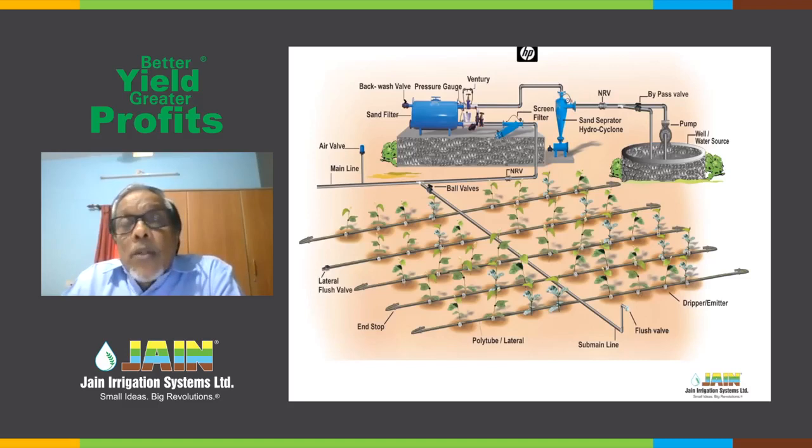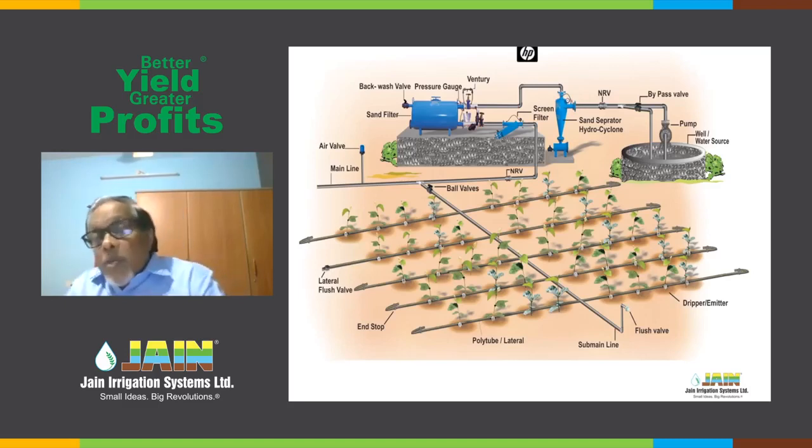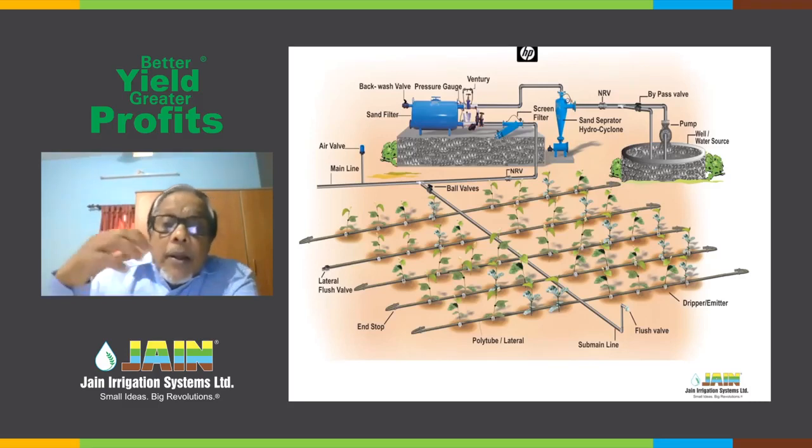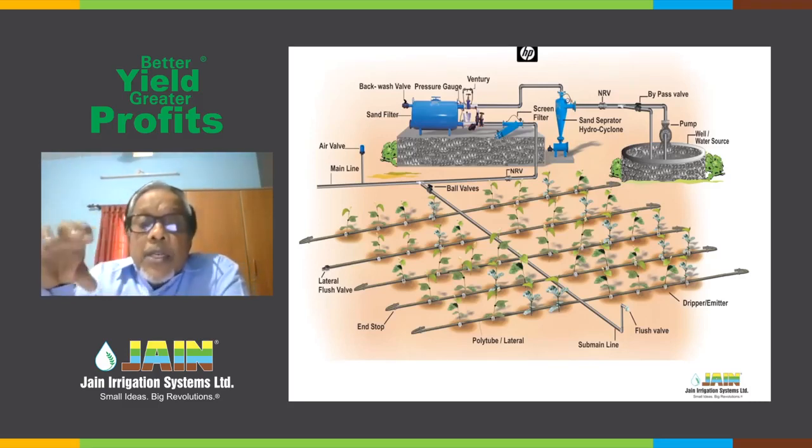So the first point touches the farmer's pocket. The second point touches whether the crop geometry and the irrigation water distribution in the soil actually match. And the third point touches the environmental load, the plastic load onto the soil. I try to put these just to give you a perspective of what is going to come.